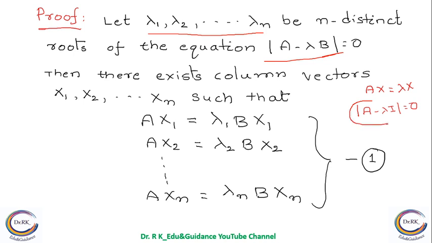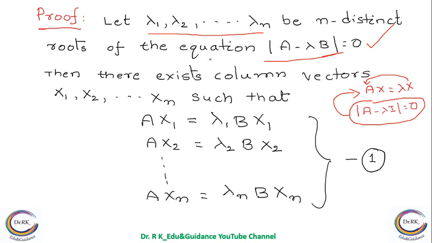Now just to recall the previous discussions, when we had this det of A minus lambda I equal to 0, the roots of this equation are lambda 1, lambda 2, and so on, and they are the eigenvalues. This we are getting like this, then we are saying this matrix is an eigenvector, something like this way. So that we can use here. So let lambda 1, lambda 2 and lambda n be n distinct roots of the equation det of A minus lambda B equal to 0.